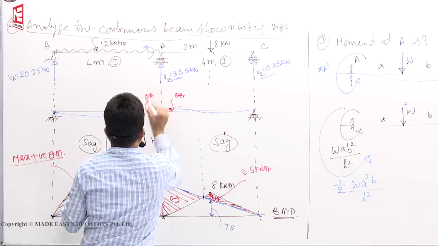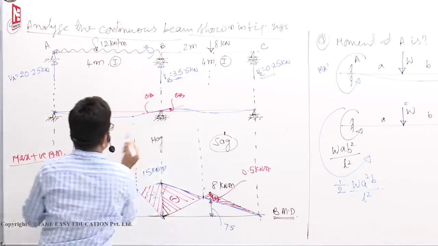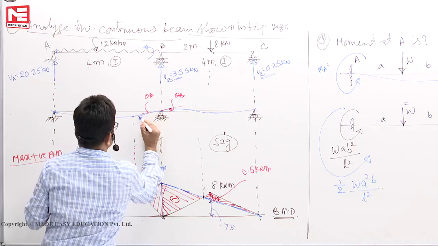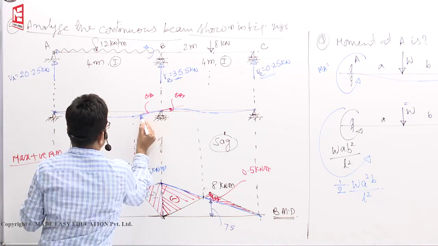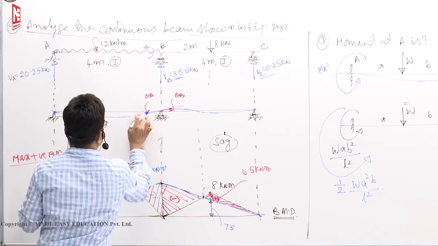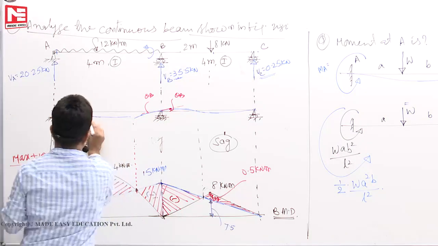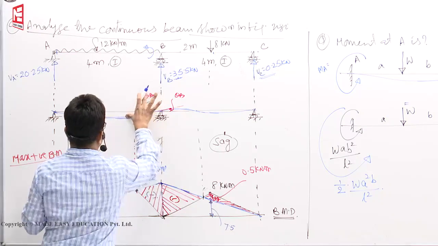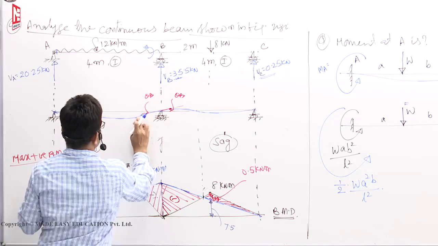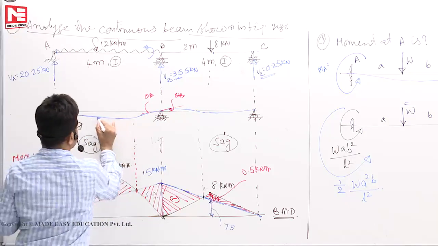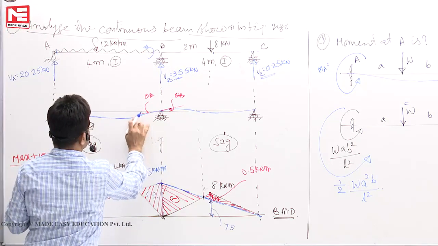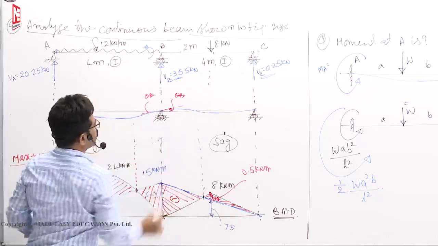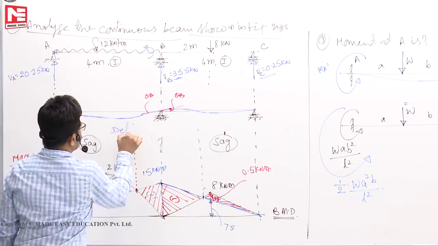This also is theta B. It should be a smooth curve, like this. Sagging, hogging, sagging. So this is your deflection curve.